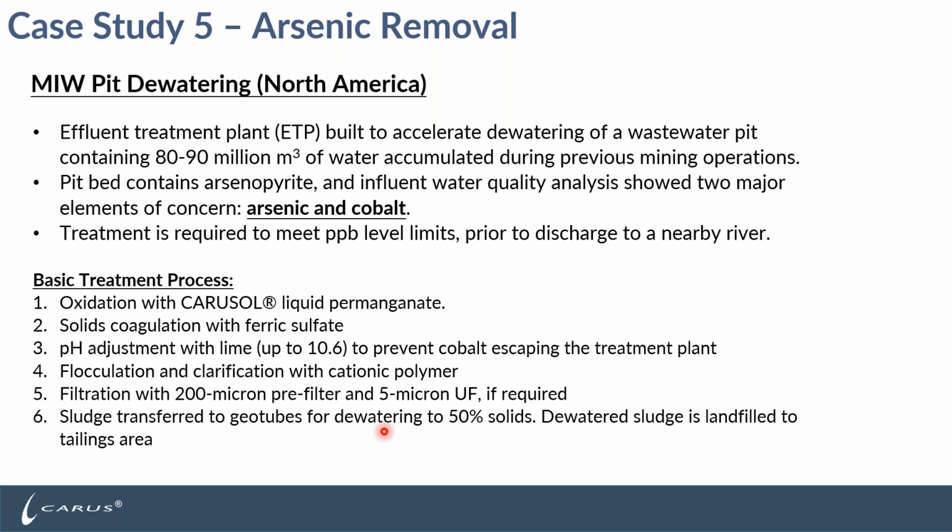Then obviously flocculation and clarification with a cationic polymer, filtration with 200 micron pre-filters, and if necessary, if there is some solids carryover or fine solids carryover, a 5 micron ultrafiltration step if required. And then the sludge is transferred to geotubes for dewatering to 50% solids, with the dewatered sludge landfilled to a tailings area.